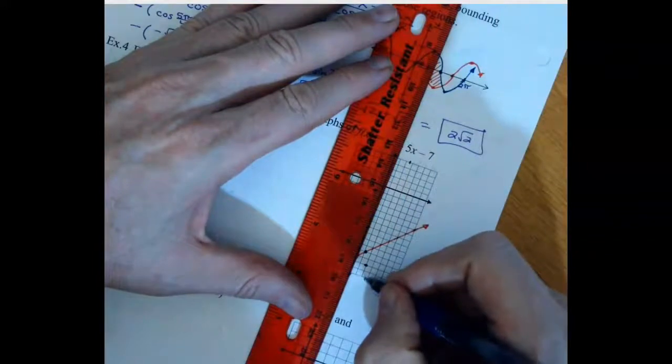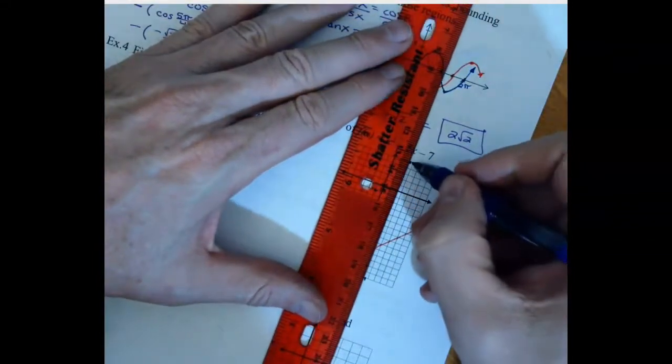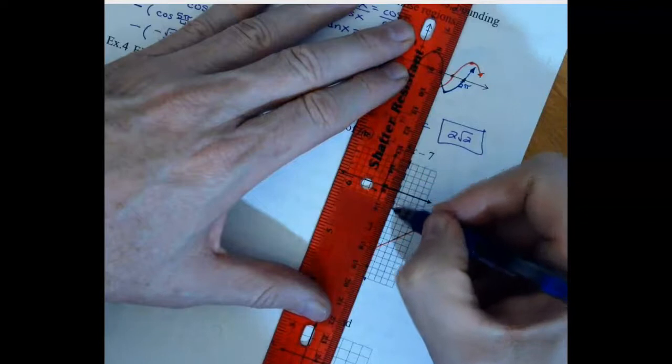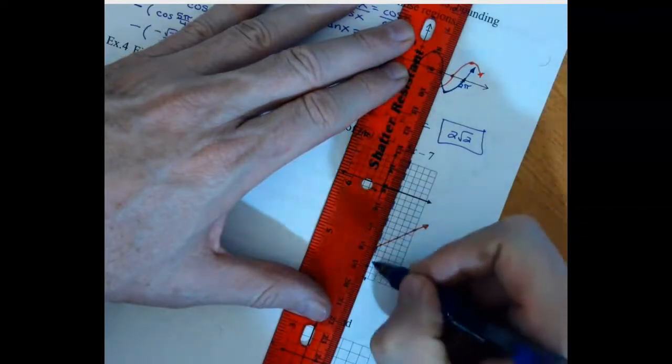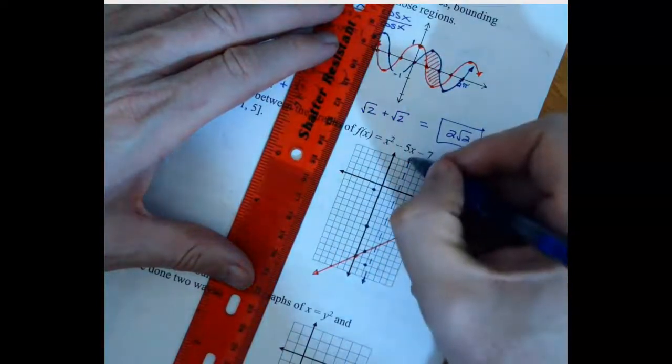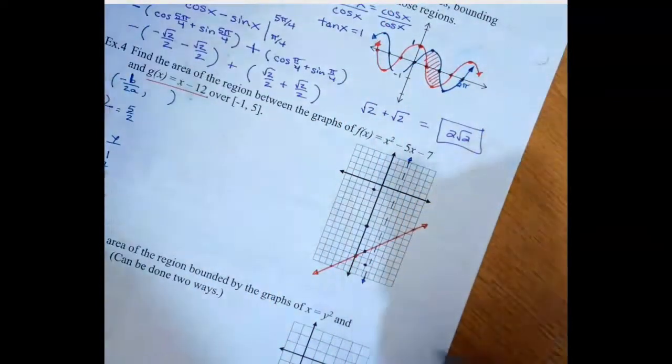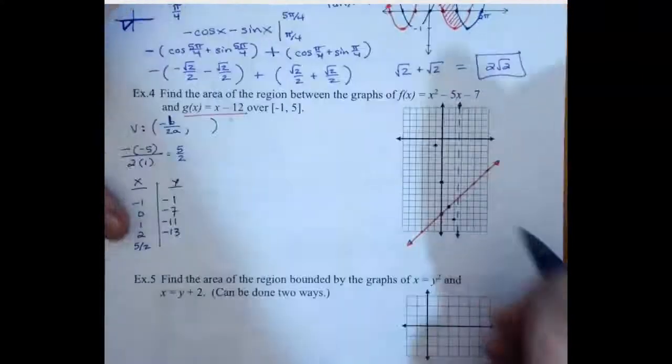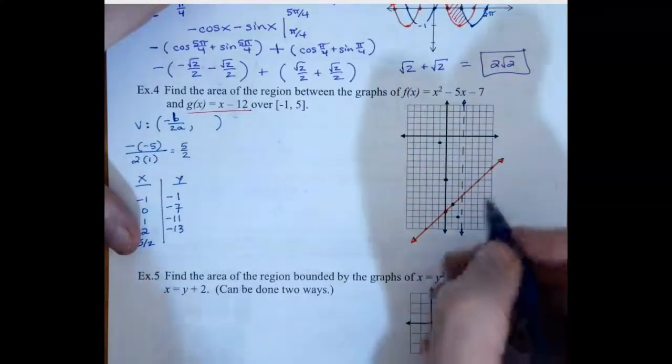So I'll mark that on here. And they're not going to have you do all this because it's taking too long. So usually, I think they give you the graph when they ask you one of these, but we'll see. So still good practice for us. We're supposed to know some of this stuff.